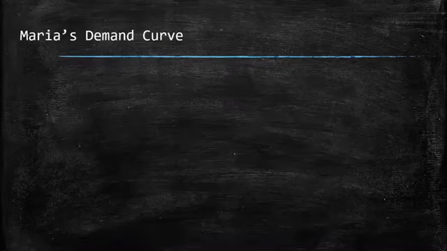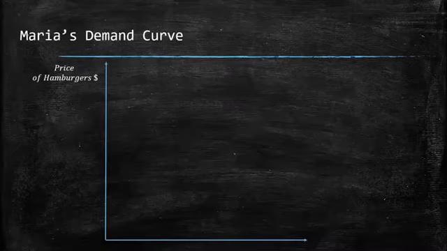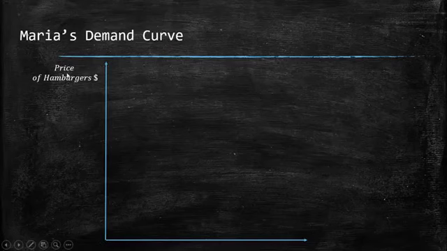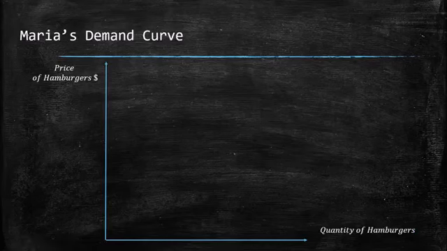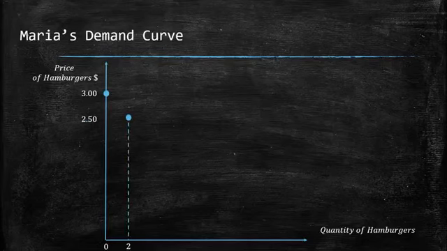With this demand schedule, we can represent this in a graph. Usually we put the price on the y-axis and the hamburgers on the x-axis. So with the price of $3, Maria is not going to consume anything. At the price of 2.50, she's going to consume 2 hamburgers.